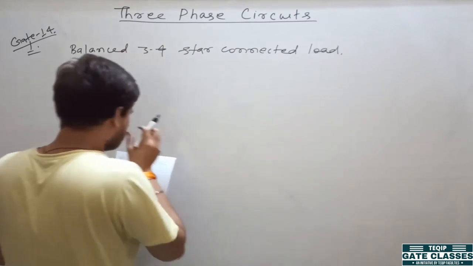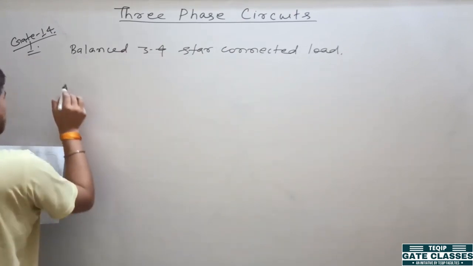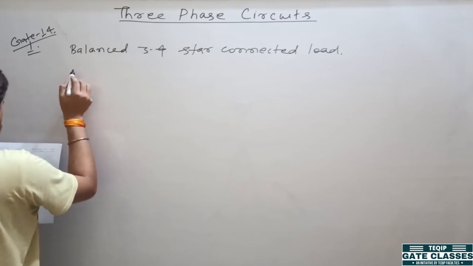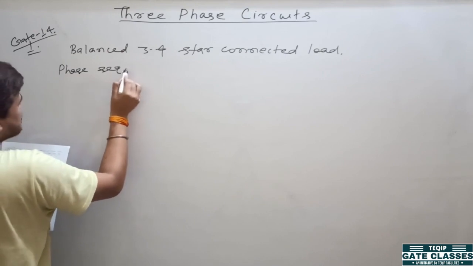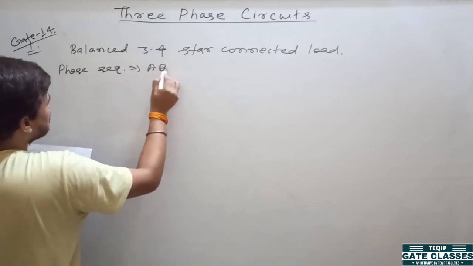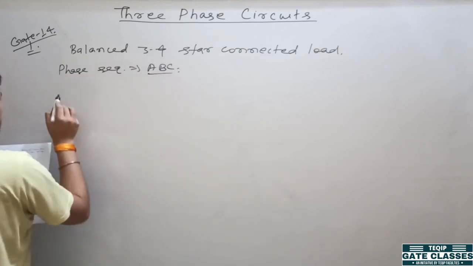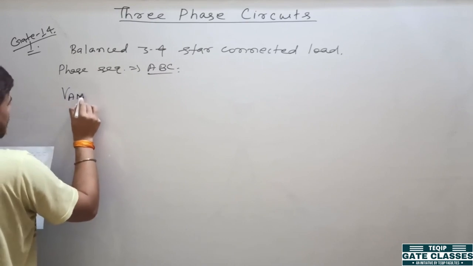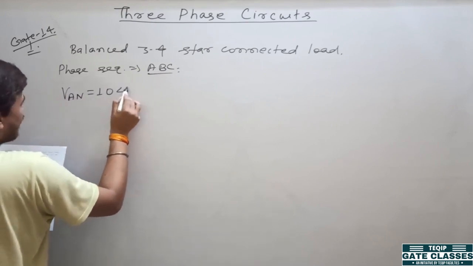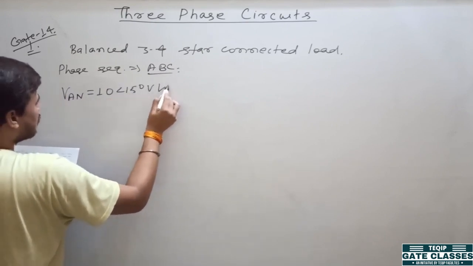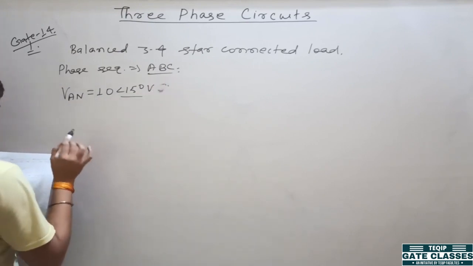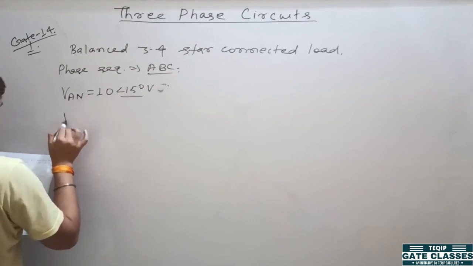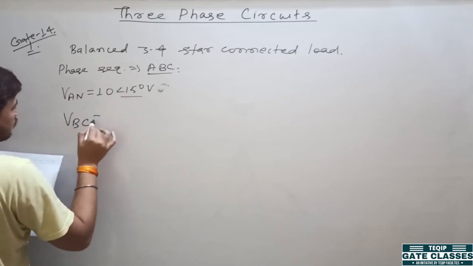Now what happens? They are saying that the phase sequence is ABC. Now they have given VAN equal to 10 at the angle 15 degree volt. Clear? Now they are asking you, if phase sequence is ABC, then you have to find VBC.